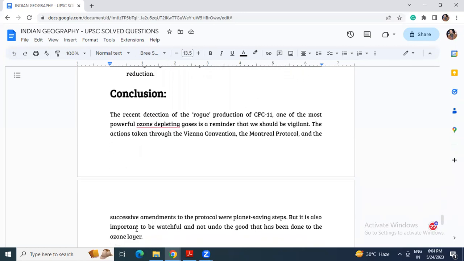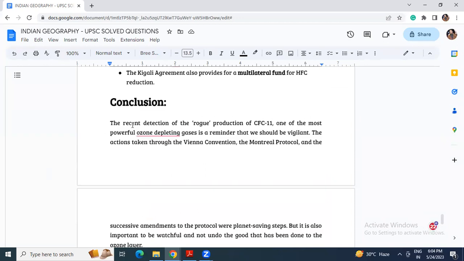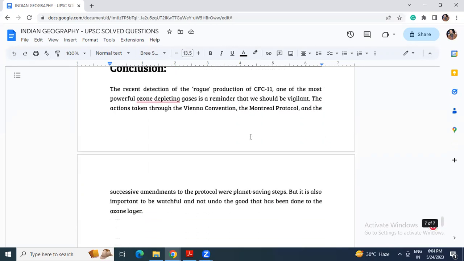Now let's conclude this answer with these lines. The recent detection of rogue production of CFC-11, one of the most powerful ozone depleting gases, is a reminder that we should be vigilant.